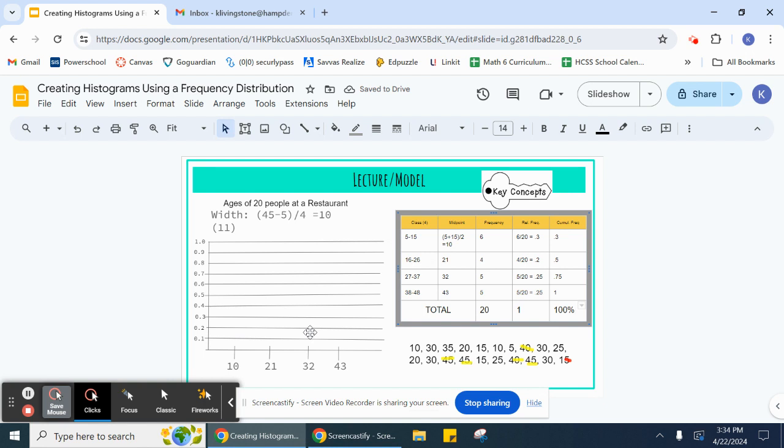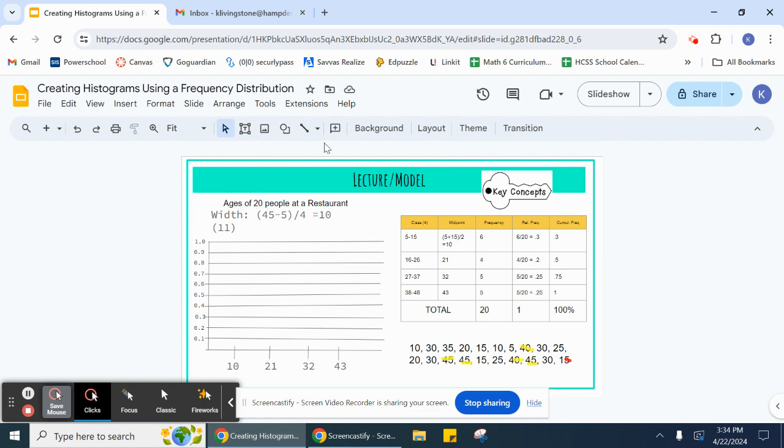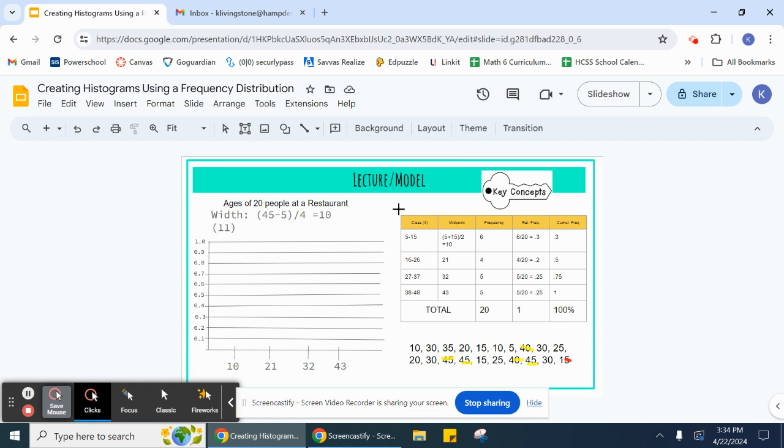Last thing we're going to do now is make our bars. Remember, we want to use the relative frequency here. For my first class, we want the relative frequency to be 30%. So half the bar is going to go on each side, like so.